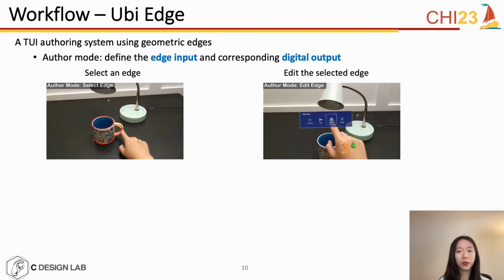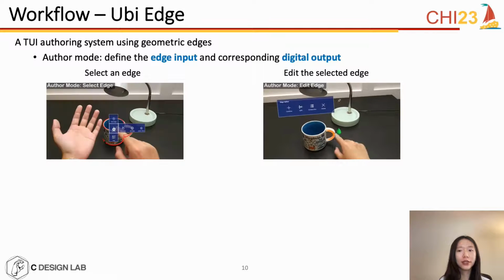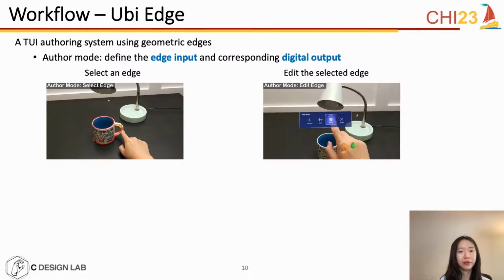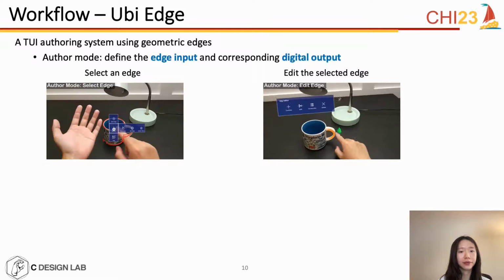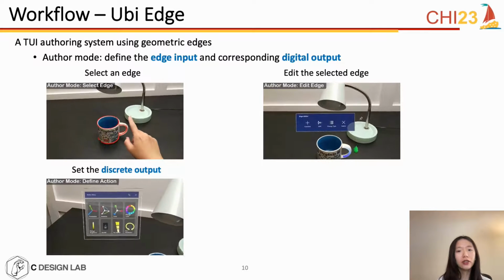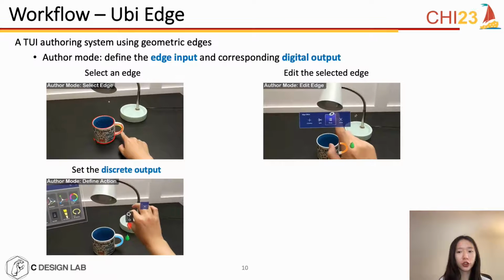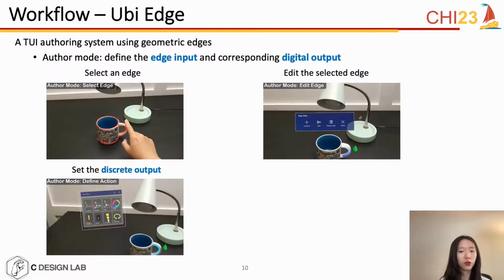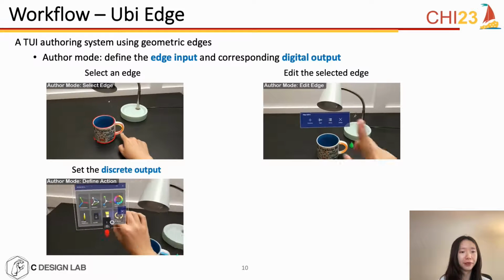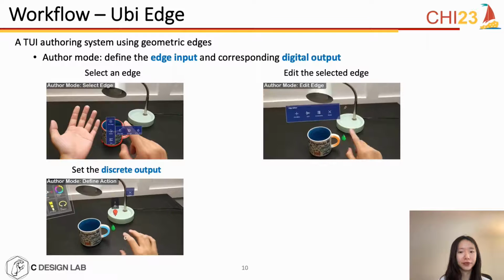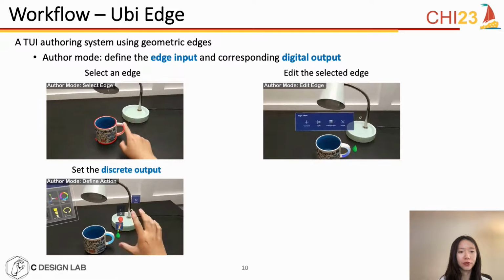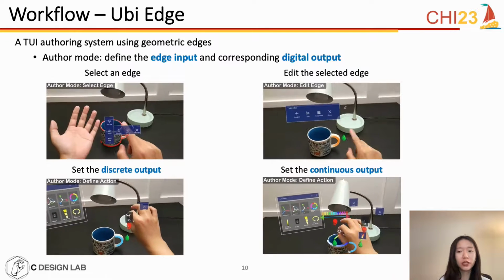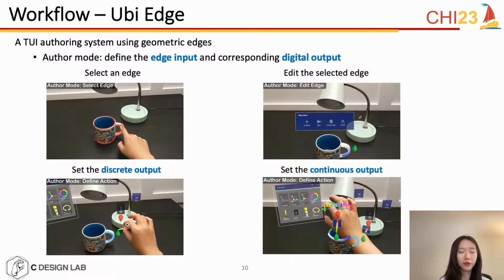Now, the user sets the edge input type as binary so that our system treats the input as a button. Then the user selects an on-off digital function of the lamp and connects the tangible edge input with the digital function through visual programming. If the user wants to set a continuous output, the user needs to specify the range of the output function.